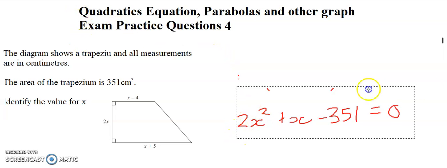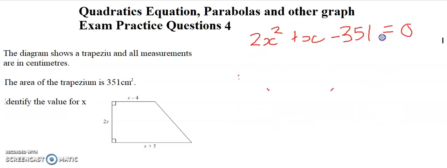The next thing we need to think about is how to factorize. So two numbers that multiply together to equal AC. AC is 2 times negative 351 equals negative 702. So I'm thinking about what two numbers I multiply together to equal 702.